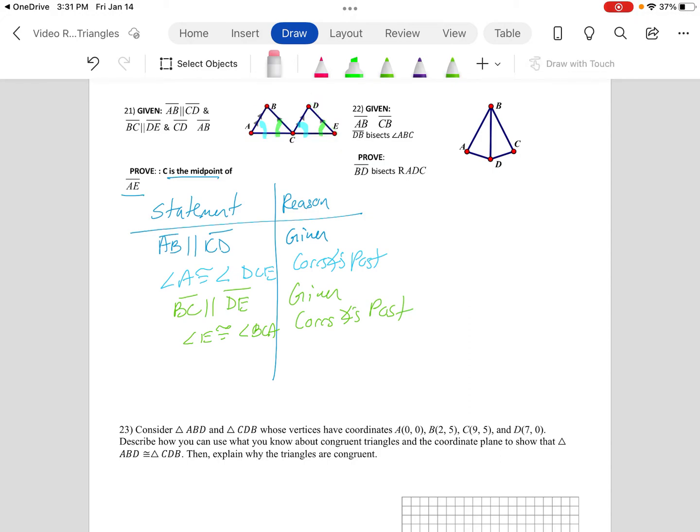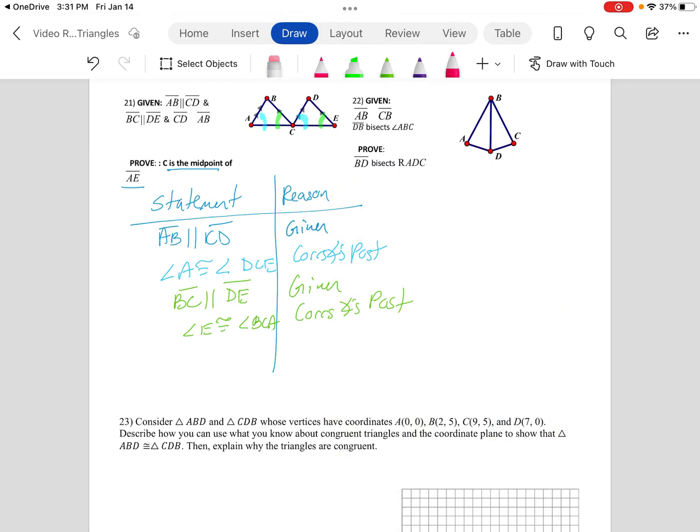So I erase all of that because I want to make sure that I don't get confused. I see that I have another given, which is CD is congruent to AB. So AB is congruent to CD. Okay, that's given to us. And so I have an angle on the side.